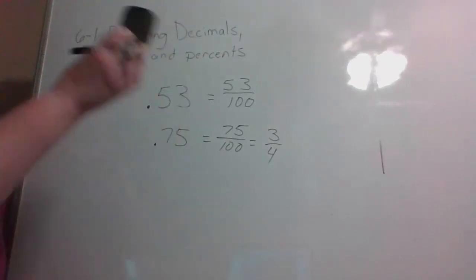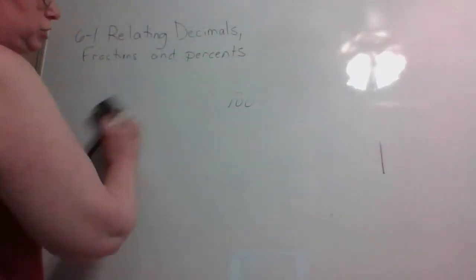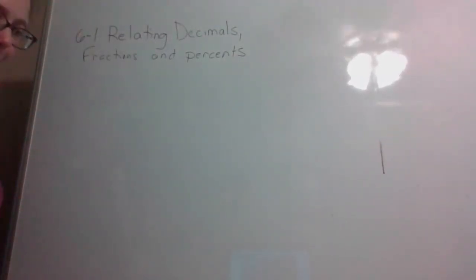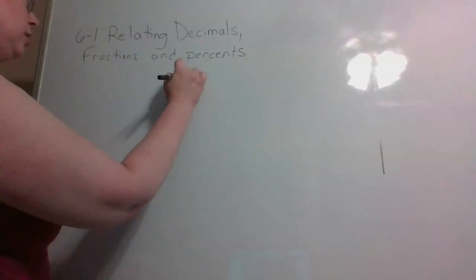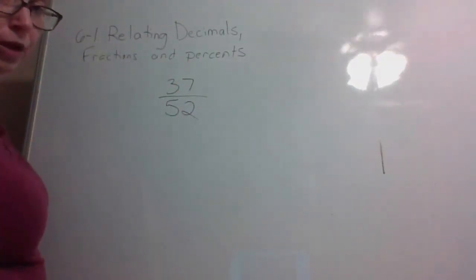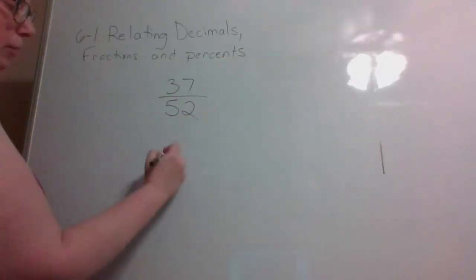Going fraction to decimal, you guys actually get a lot of practice with this one, trying to figure out what scores you got on tests. So say we had a test and you got 37 out of 52. What you're always going to do is take your numerator divided by your denominator.